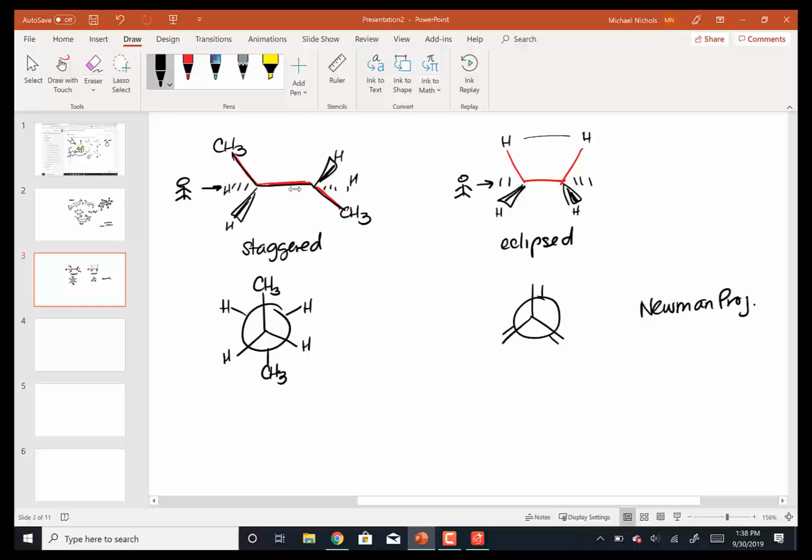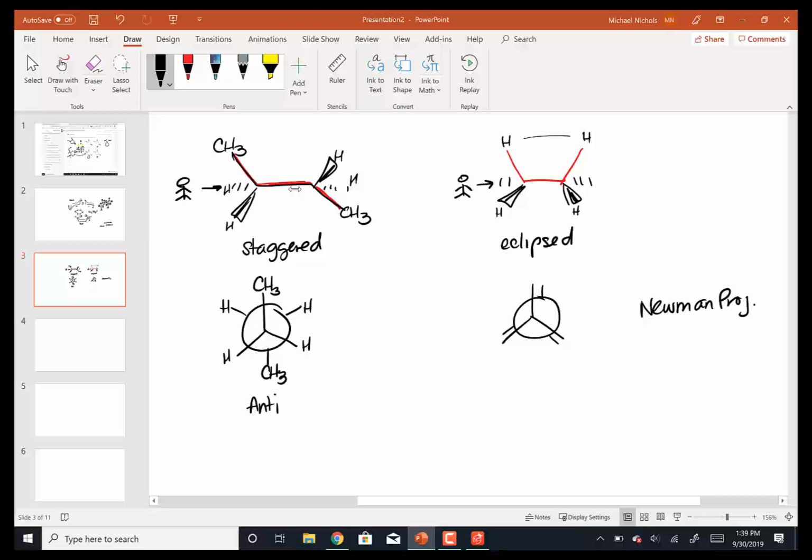In a staggered conformation, this is what is called anti, because they're opposite. And in this case, there really isn't any energy. The two methyl groups, obviously being bigger groups than hydrogen, it's their interactions that are going to destabilize the molecule. But if they're pointed in different directions, they're not getting close together. So this is the most stable staggered conformation you can have.